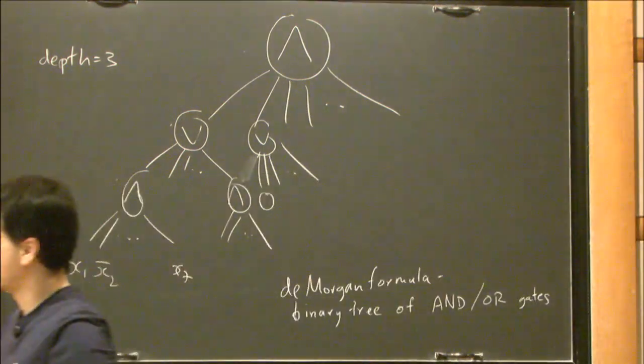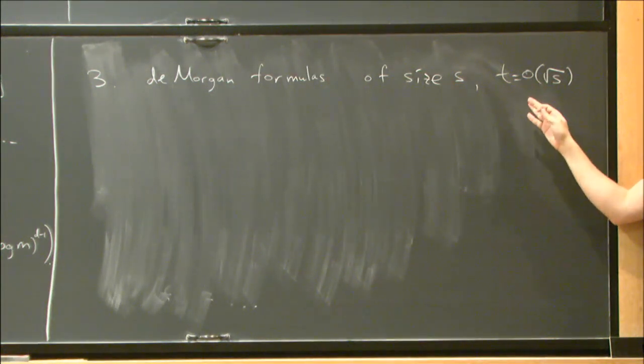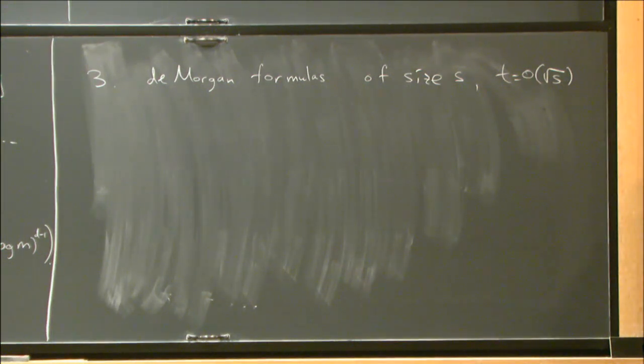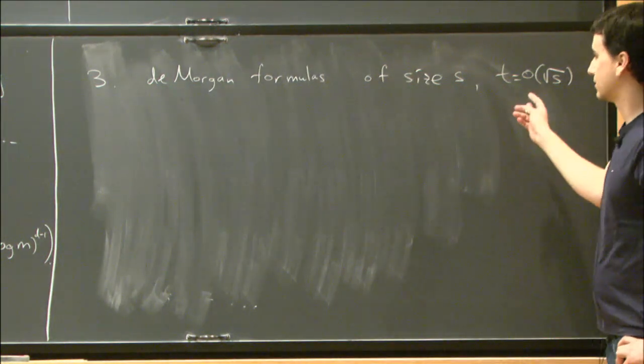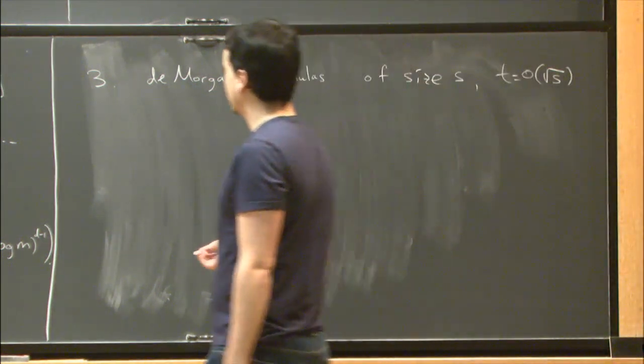So for De Morgan formulas with size s, it is known that there are exponentially small Fourier tails with parameter t, which is square root of s. So this looks much bigger than this, but this model is much stronger because I have no demand on the depth. I can do things which are more complicated.